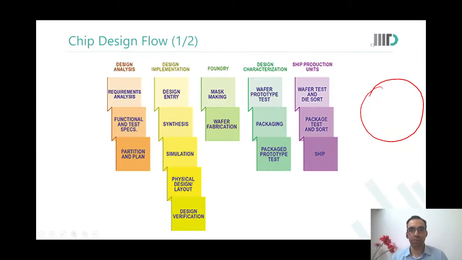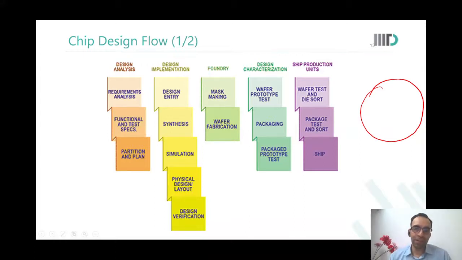Sir, what do you mean by the term characterization? Characterization essentially means what is the character of this. So, I wanted to design a processor which would work at 1.2 gigahertz.